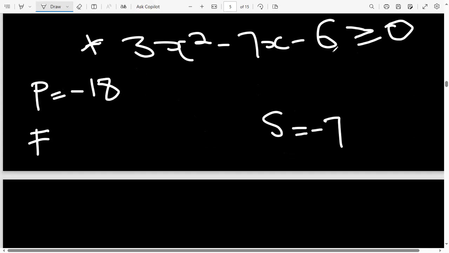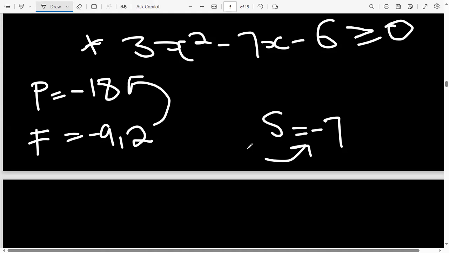We are looking for two numbers such that when we add them, they give us minus 7, and when we multiply them, they give us minus 18. Those numbers are minus 9 and 2. When you add these, they give you minus 7, and when you multiply them, they give you minus 18.